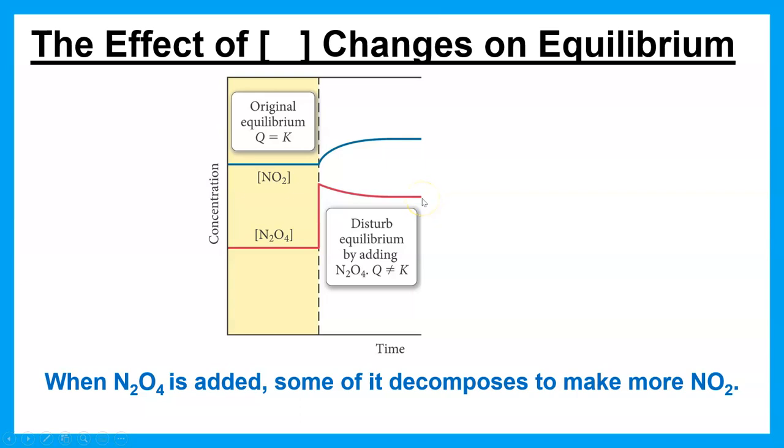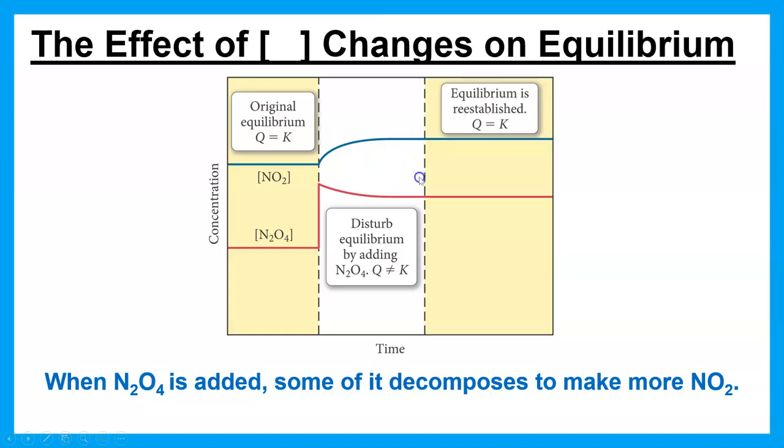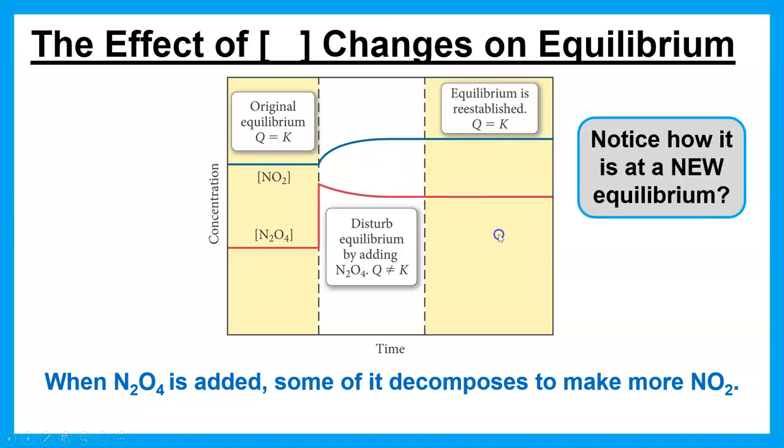They've reached a new position where the forward and backwards reaction rates are the same. Not the same concentrations as each other, not the same concentrations as where we started, but we finally reach a new equilibrium position. We're back to the point where Q equals K, but not back to where we started.